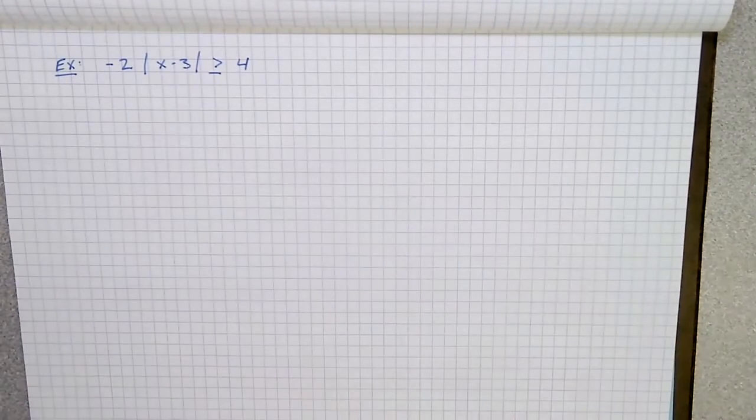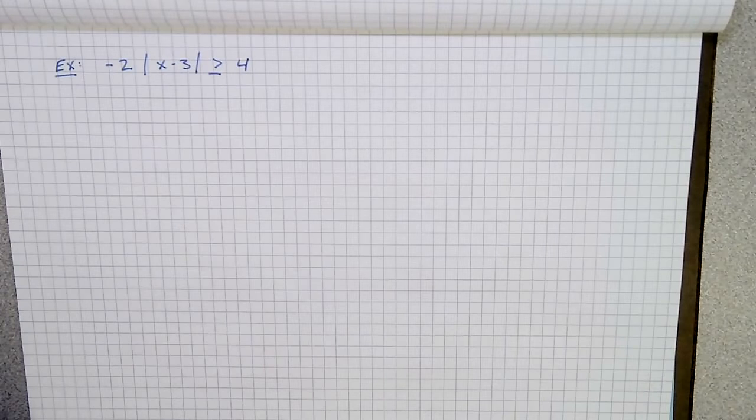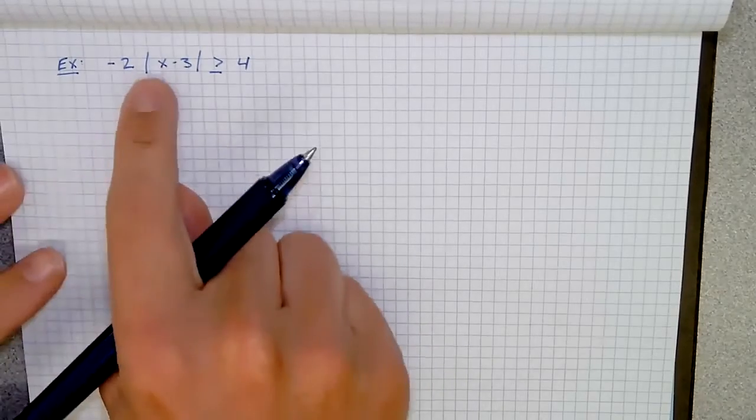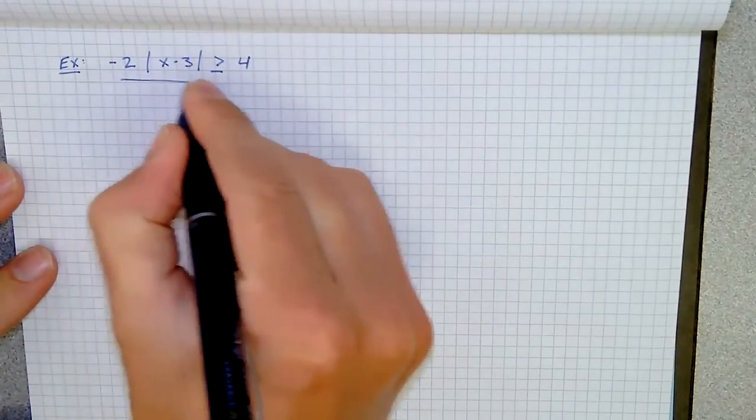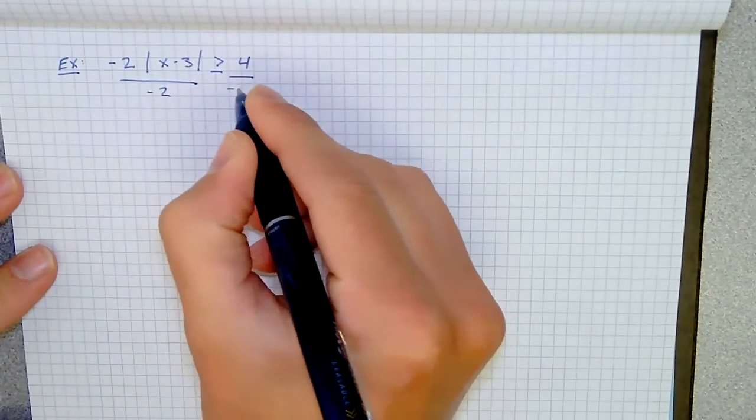All right, let's take a look at a couple of special scenarios here. So here we got -2 times the absolute value of x minus 3 is greater than or equal to 4. Okay, the absolute value is not on the side by itself. So what do we have to do? Got to divide both sides by -2.